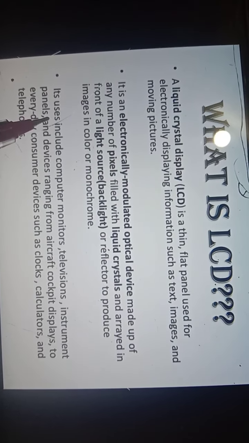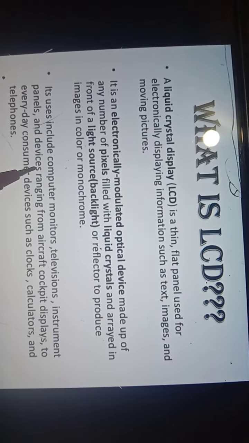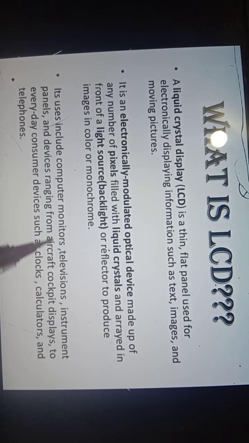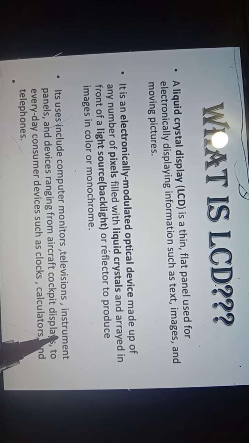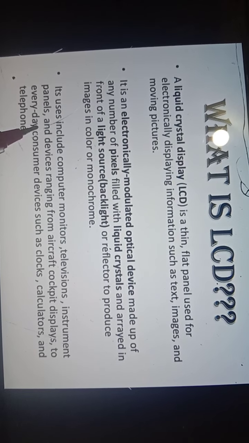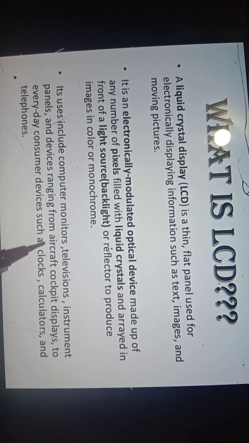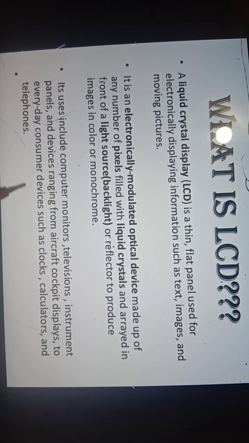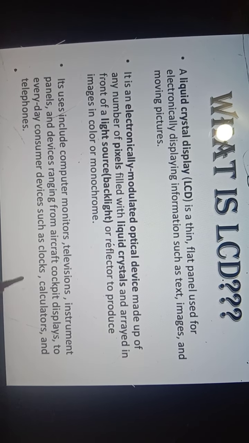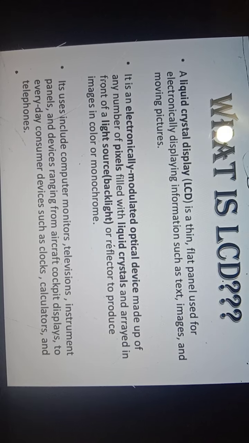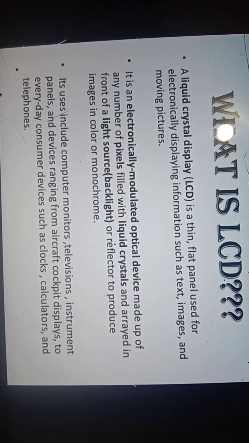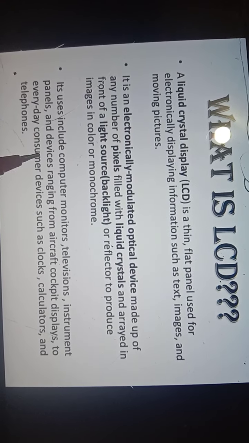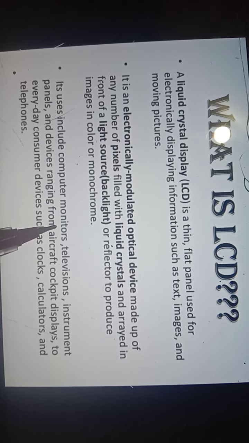Its uses include computer monitors, televisions, instrument panels, and devices ranging from aircraft cockpit displays to everyday consumer devices such as clocks, calculators and telephones. These are the uses and advantages of LCD. Mainly it is used in monitors.